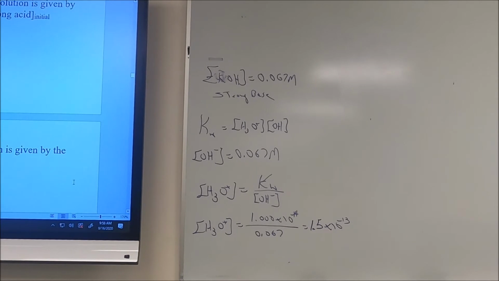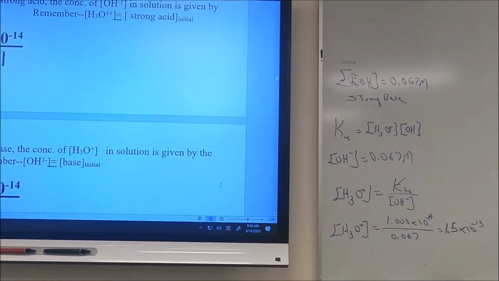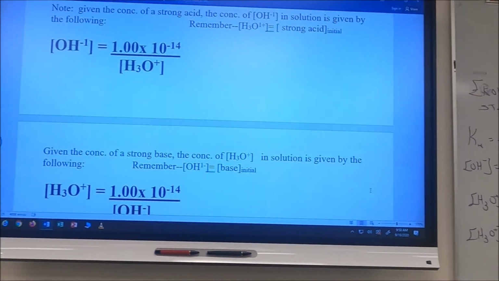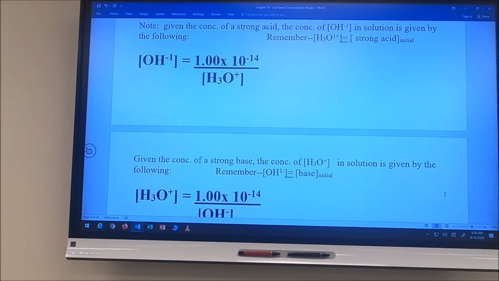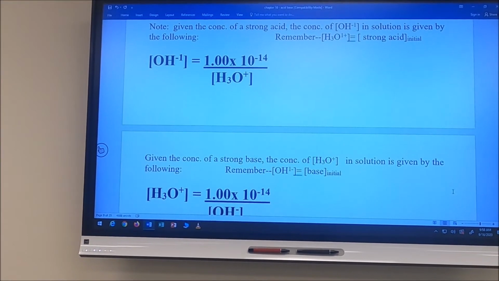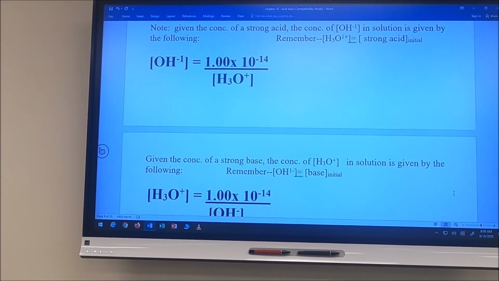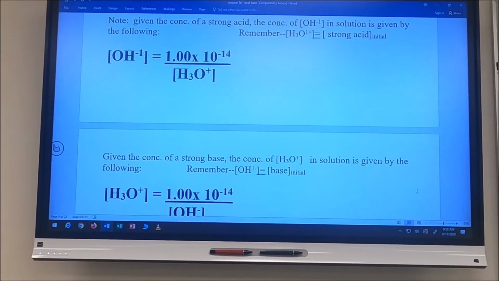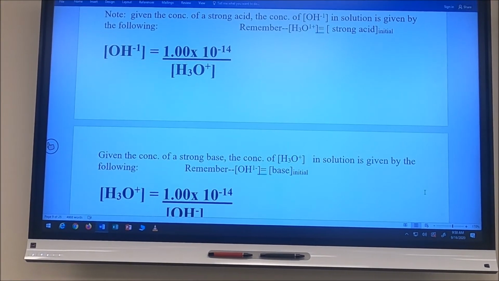So just a reminder, I've embedded in your notes that given the concentration of a strong acid, and we want to find the concentration of hydroxide ions in solution, the hydronium ion concentration equals the concentration of the strong acid initially, and hydroxide ion concentration is going to be 1.00 times 10 to the minus 14 divided by hydronium ion concentration.